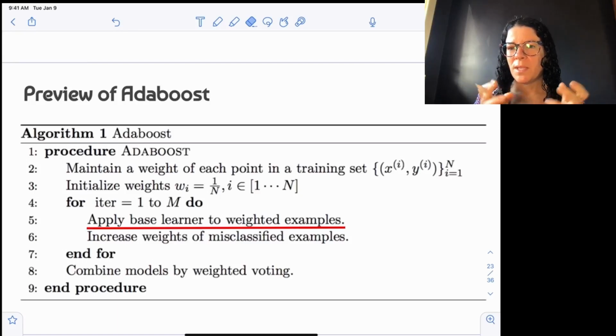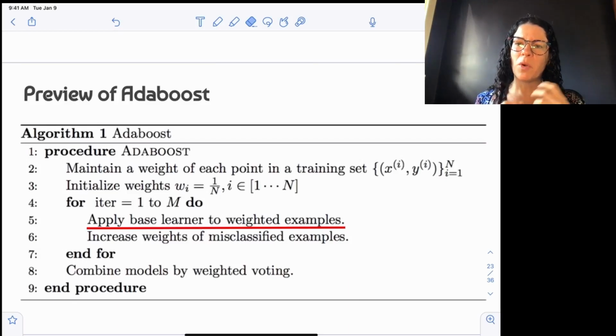Well, one possibility that I can think of is that if you have one example of weight 1 and a second example of weight 2, then we can put the second example twice, and then we have a new data set with 3 points. And that's a very good way to do this.